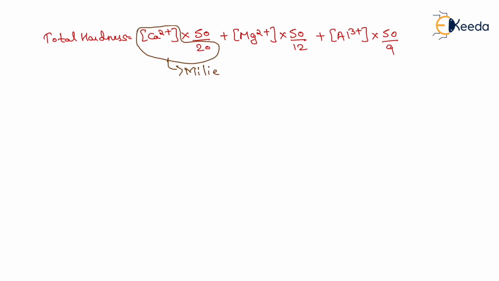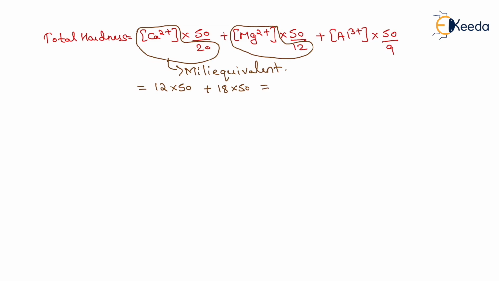Okay. Now we have the value of calcium 2 positive in milli equivalent per liter, which is 12. So we just multiply 12 into 50, plus we have the value of magnesium 2 positive in milli equivalent per liter, which is 18. Now we multiply 18 with 50 because this whole value will be equivalent to milli equivalent per liter.